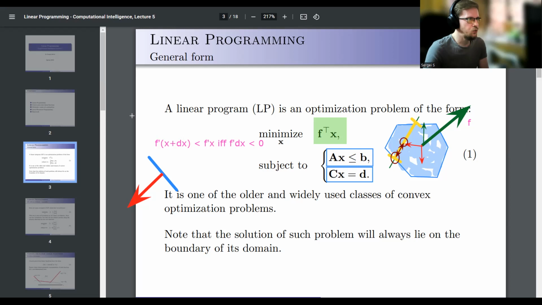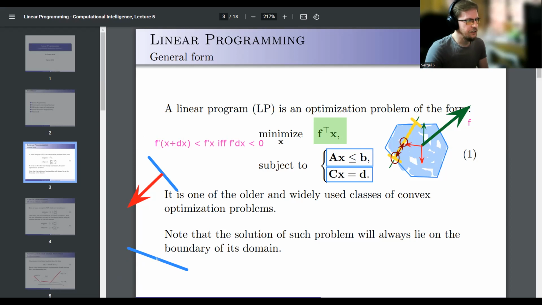And scenario number two is that our domain is just something like what we would expect. It won't be a line orthogonal to the direction of decrease.